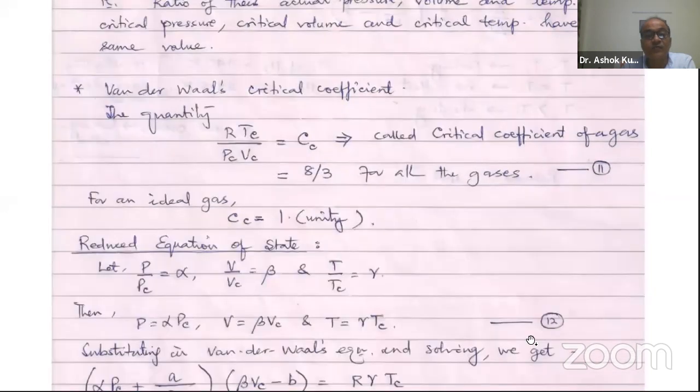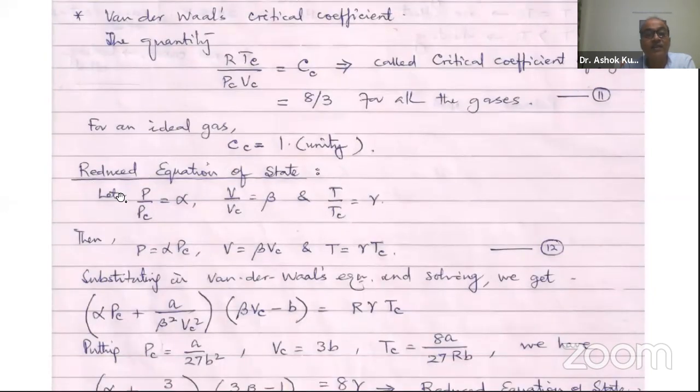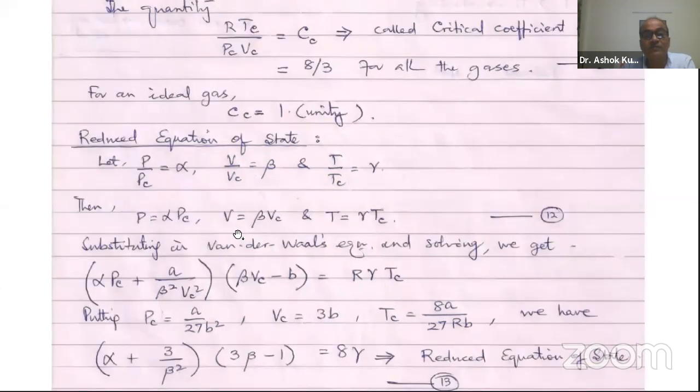And the last one is the reduced equation of state. So P by Pc we assume as alpha, V by Vc as beta, and T by Tc as gamma. Then P can be expressed as alpha Pc, V as beta Vc, and T as gamma Tc.